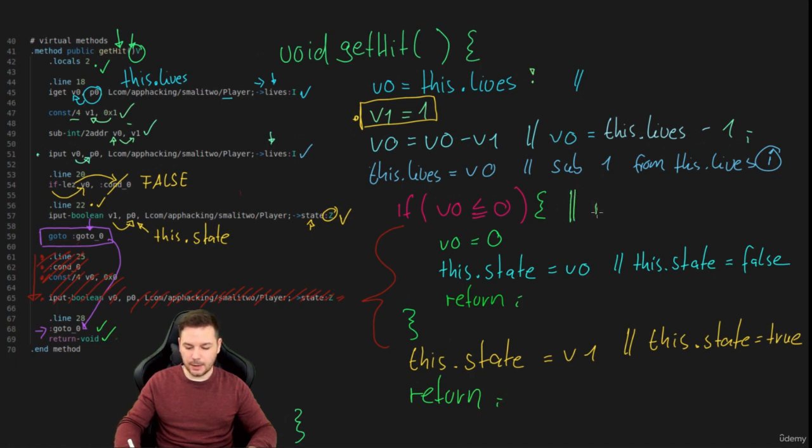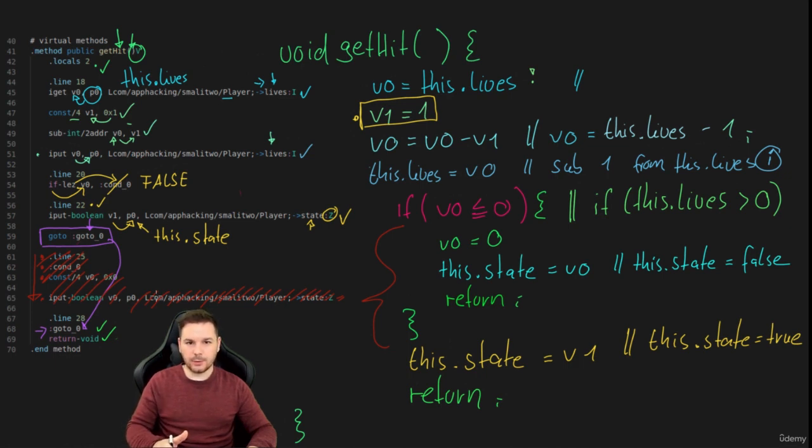So we've got our if, then we've got this.lives is greater than 0. I'm pretty sure this was what our Java code looked like. So did we make a mistake over here? Did we do something wrong? Absolutely not. We did interpret this code absolutely correctly. We go through this line by line, and this one is the correct code extracted from the smali part.